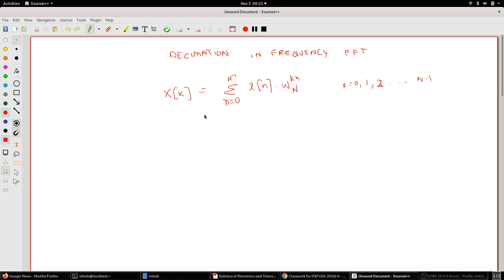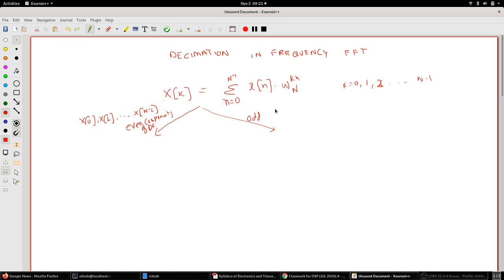Now what we will do is separate this into the even components of DFT and the odd components of DFT. So this is your x of k. This side will contain capital X of 0, capital X of 2 and capital X of N minus 2.